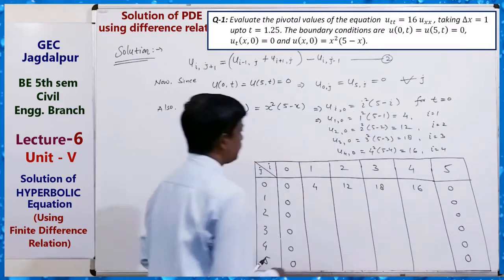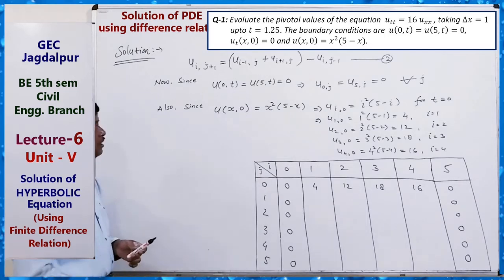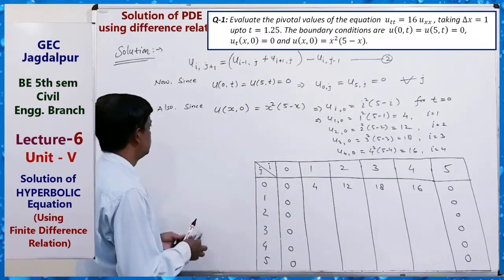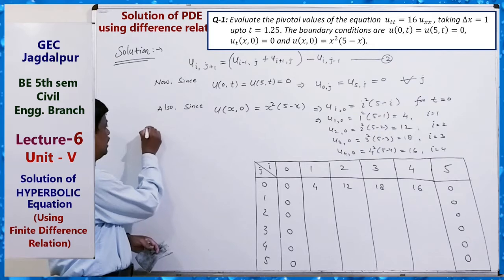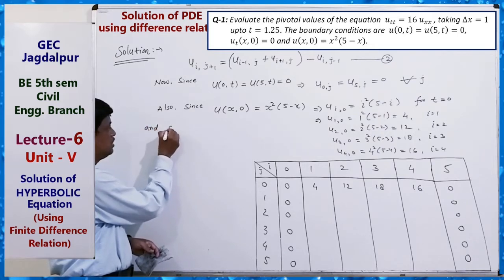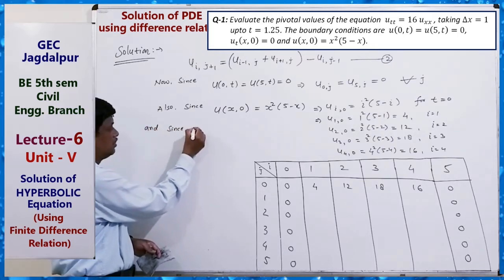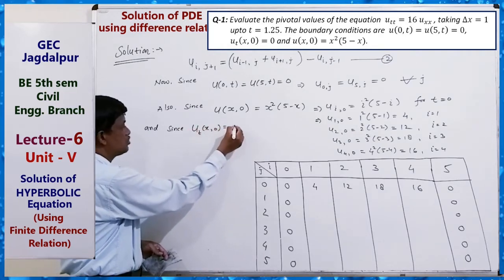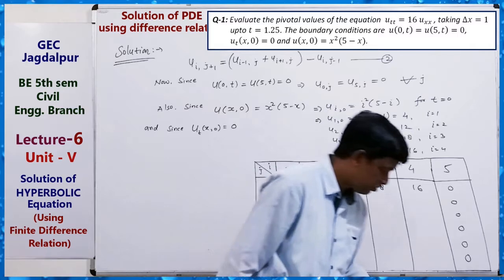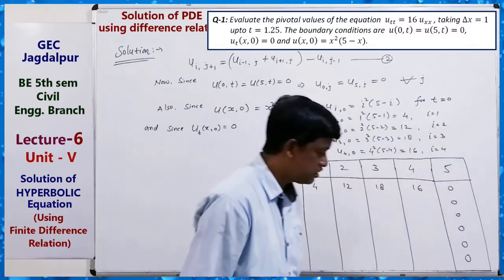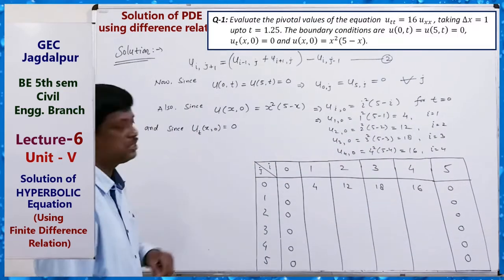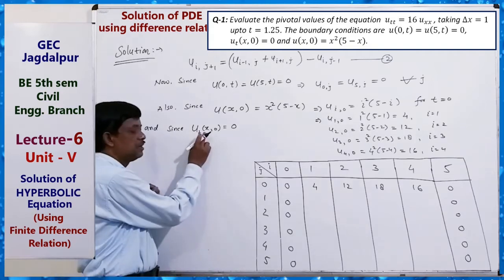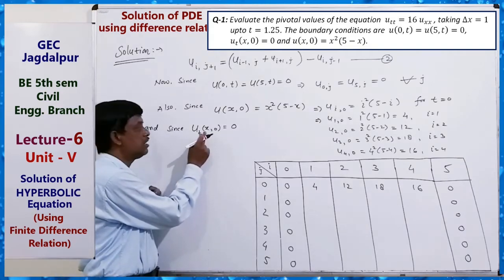Okay. So here, since u_t at x, 0 is also given as 0, I think. What? U_t at x, 0 equals 0. This means, 0 means what? It's a finite approximation.